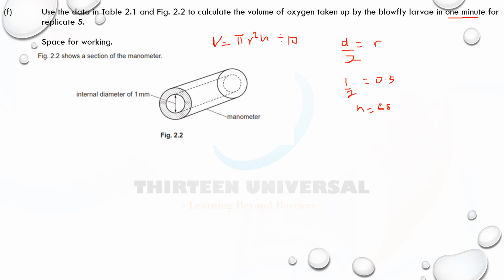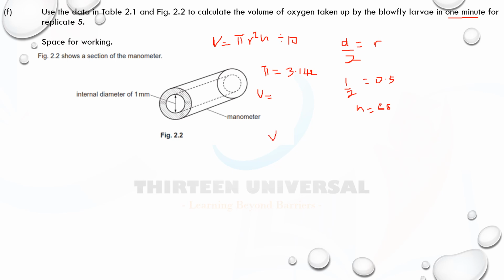So for the volume, you know pi is a constant, 3.142.